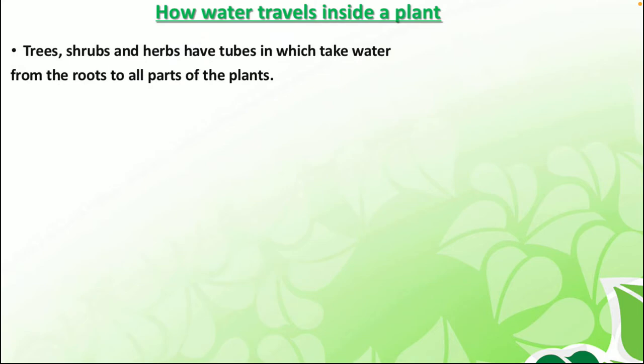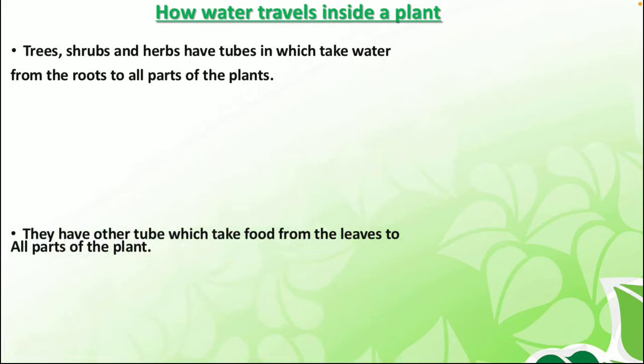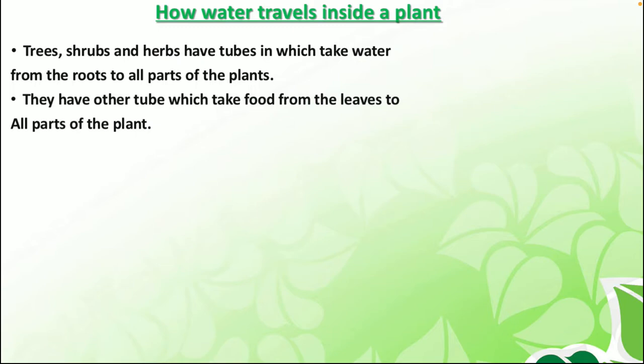Trees, shrubs and herbs have tubes which take water from the roots to all parts of the plant. They have other tubes which take food from the leaves to all parts of the plant. Now I will show you the diagram from which we can understand more easily.